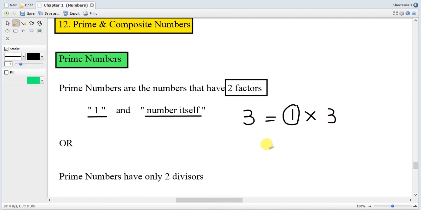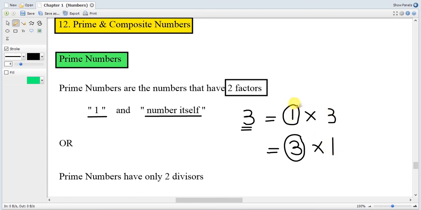What other two numbers, if I multiply them together, will give me 3? That is 3, which is basically the number itself, right? 3 times 1. So basically it's the same thing, only we are switching the numbers.